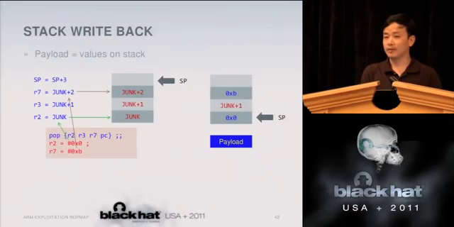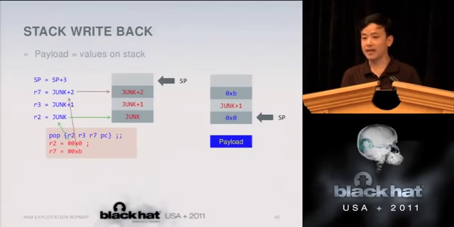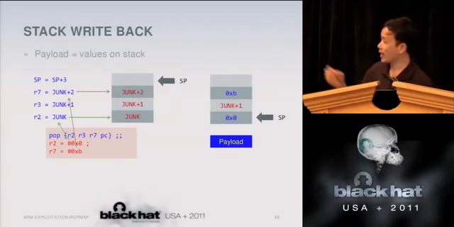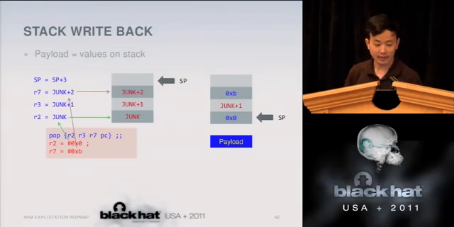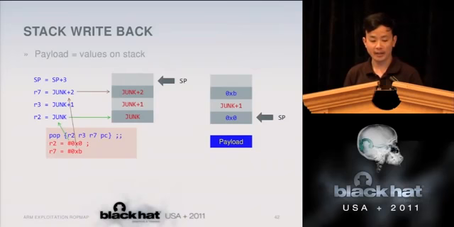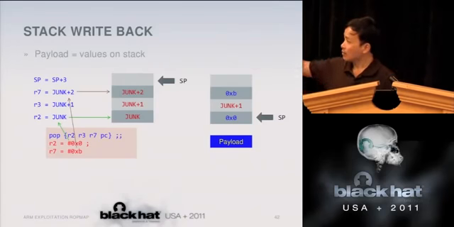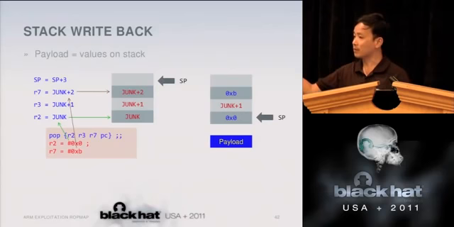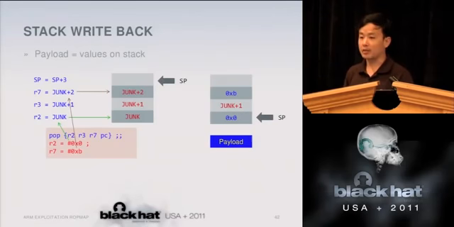When we finish executing the instruction, we write the values back to the stack. Here we have the value binding R2 is 0 and R7 is "/bin/sh". We search back for R2, which is junk, so we map it to our stack and place 0 at the first position.